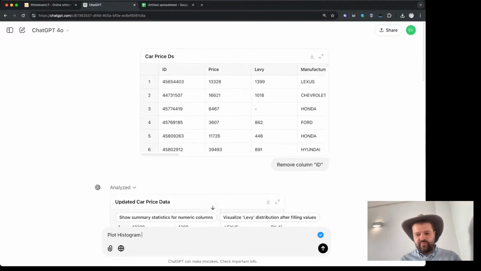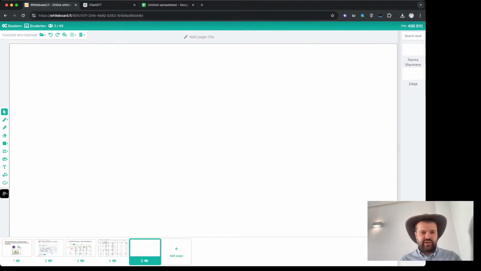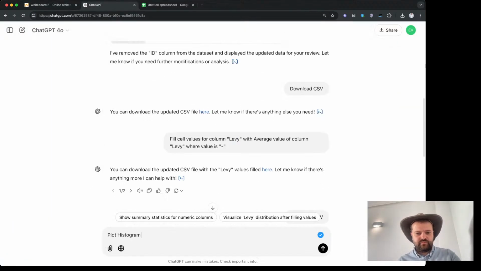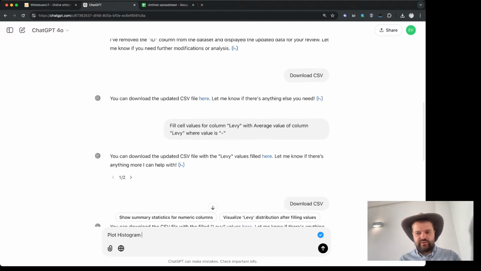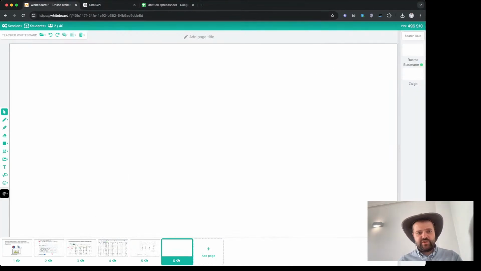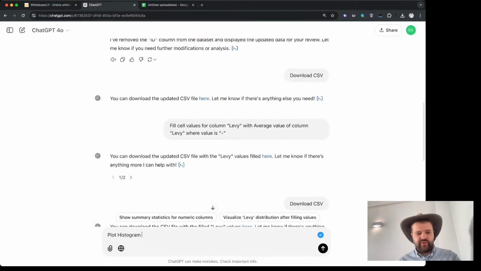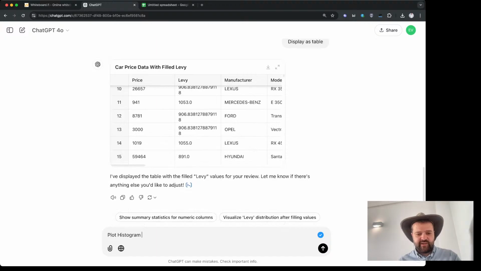Maybe I will post a couple of these prompts also inside Whiteboard, so you can try them out later yourself. And there will be different visualizations of data, which will be very useful for you when you do your research, business analytics, and so on.